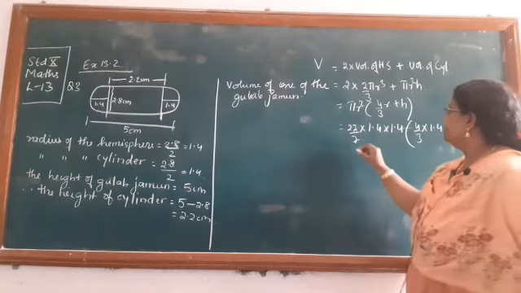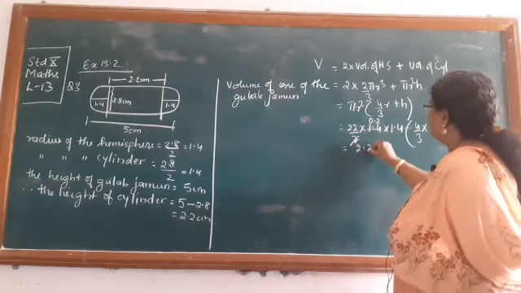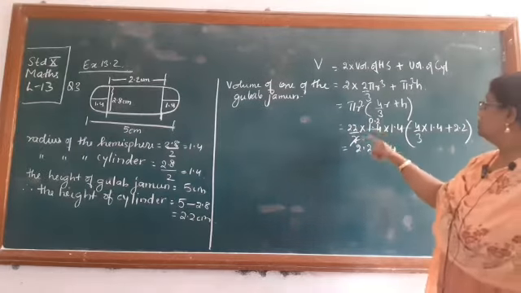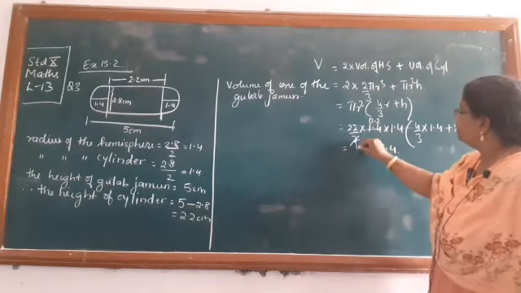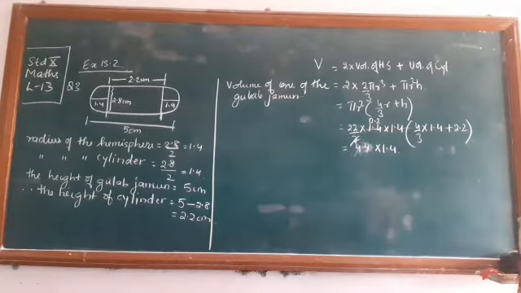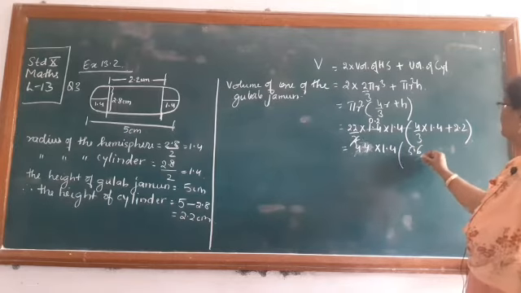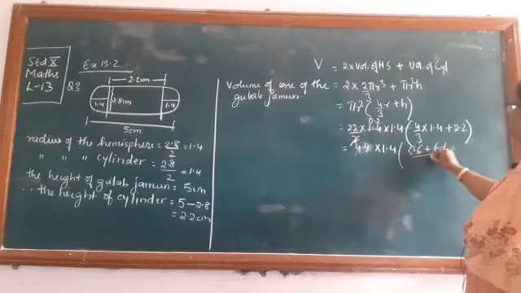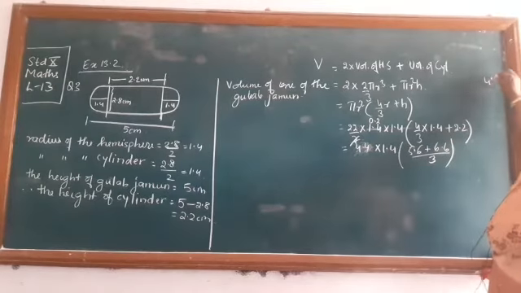So this is how you get it. 7 into 0.2 will cancel, that is 2.2 into 1.4, sorry, this will become 2 into 2, 4.4 into 1.4. And this becomes 4 4s are 16, 1 4 is 4, 5.6 by 3, that means plus 6.6 by 3. This way you will get it. And what is 4.4 into 1.4?